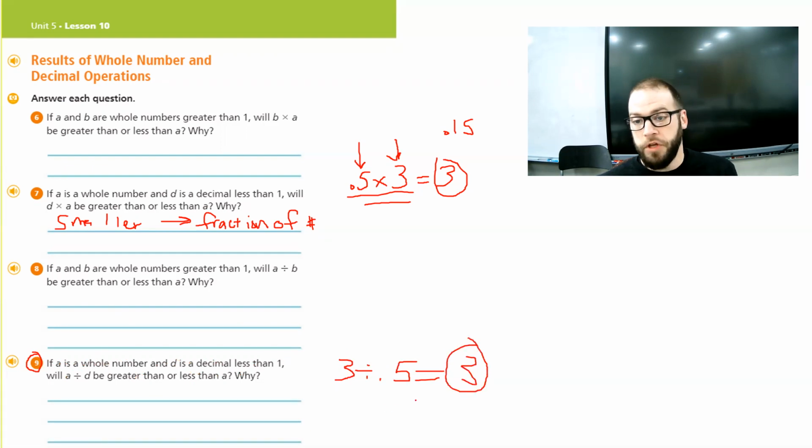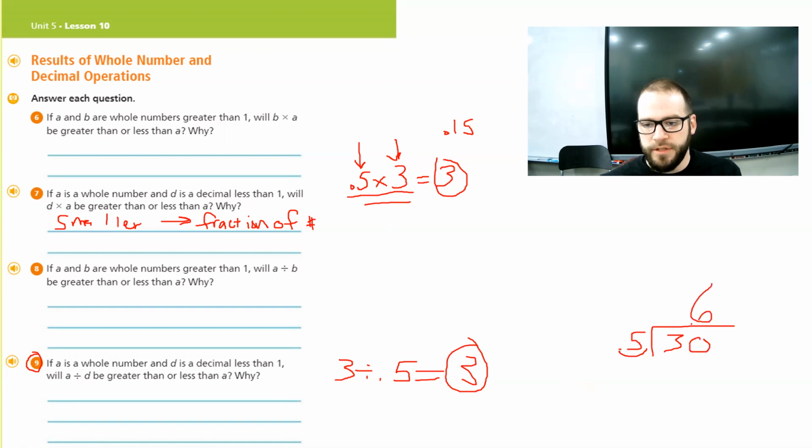Well, we can figure out the answer. 3 divided by 0.5. You're not allowed to have a decimal, so it's really 30 divided by 5. Your answer is 6. Is it bigger or smaller? It's bigger. Now we've got to make sense of it.